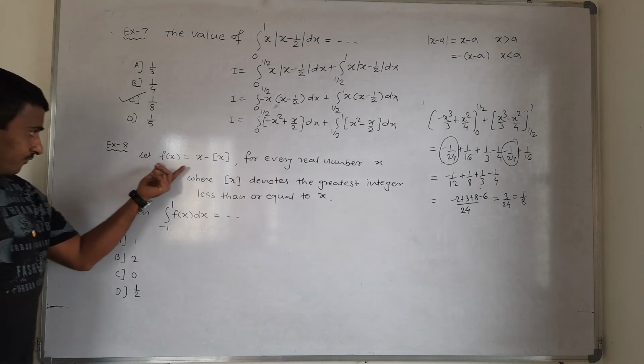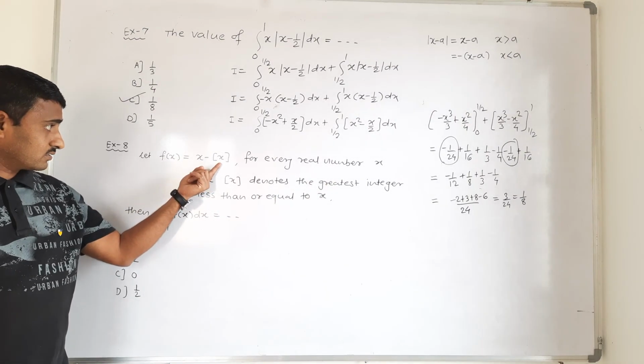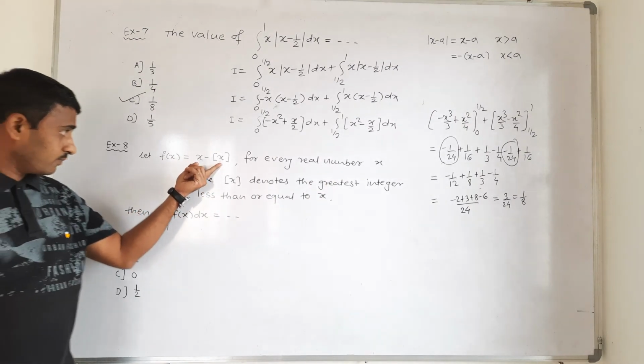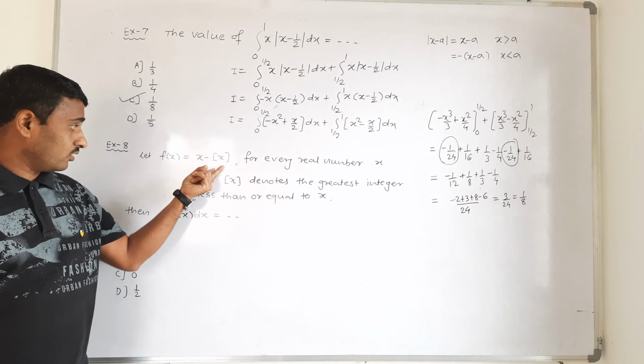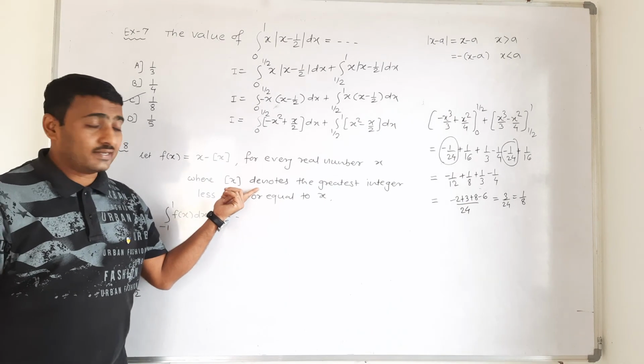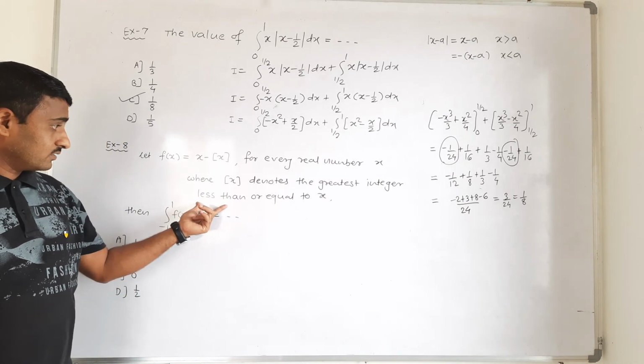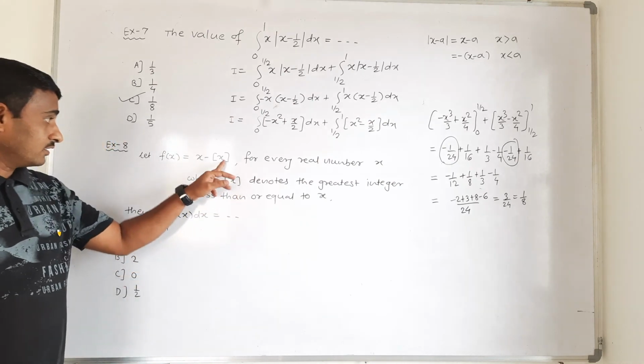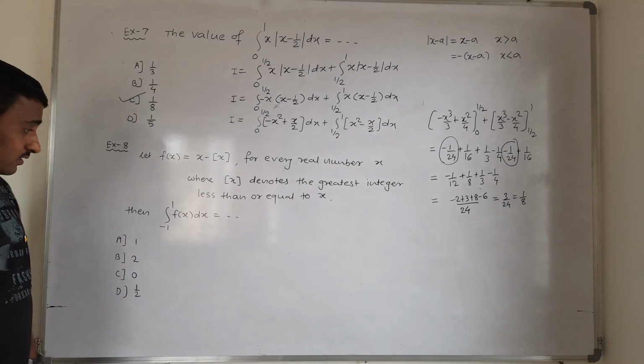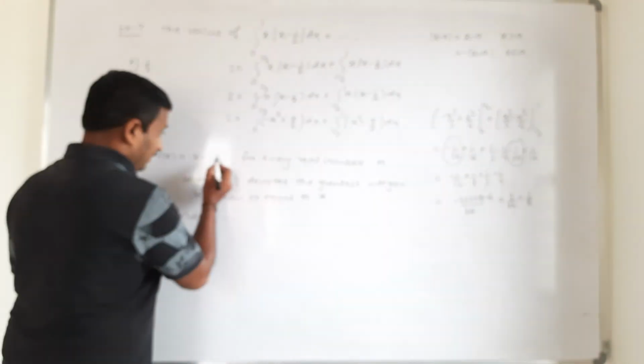Next example, let f of x equal to x minus the greatest integer of x, where the square bracket denotes the greatest integer function, the greatest integer less than or equal to x. याच्यापेक्षा less असणारा greatest integer कोणता आहे, that is how this function is defined.